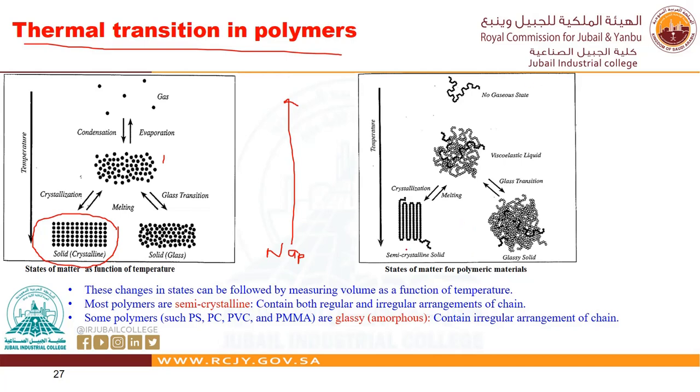But in the case of polymers, we talk about semicrystalline polymers and amorphous polymers. At high temperature, the amorphous polymer will become soft and will end up as a viscoelastic liquid. Also, a semicrystalline polymer will end up as a viscoelastic liquid as you increase the temperature, but we don't have gas polymer.